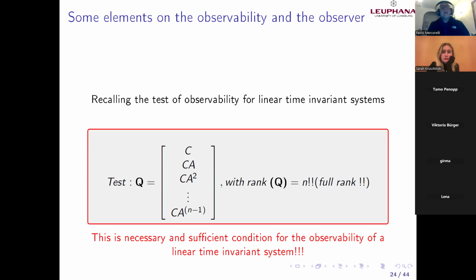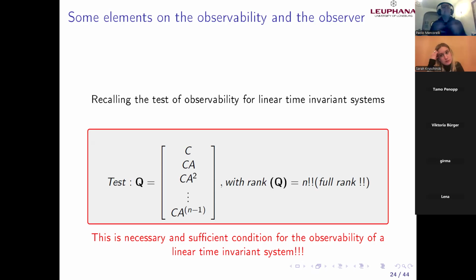If the elements of the matrices A and B depend on the time, it does not mean that the system is not linear.